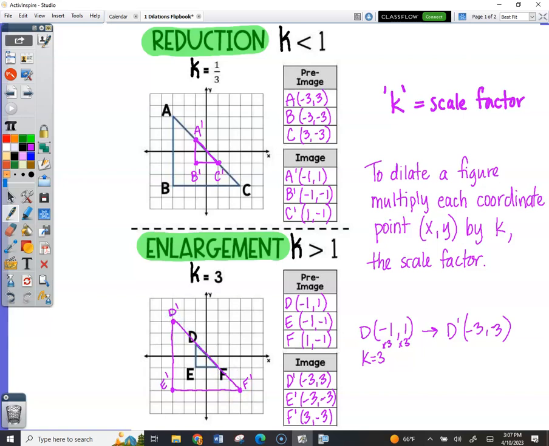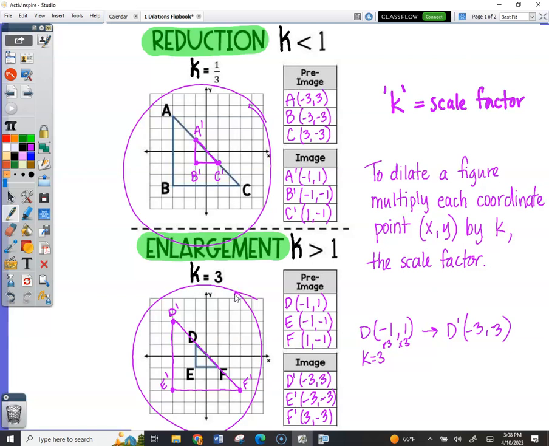You should notice that the two examples on the front of this flip book are the exact opposites of each other. They produce the same image, and that's because I wanted to show you the difference. If I gave you just this picture and asked what occurred here, you would find the letters that don't have apostrophes to notice which one's the pre-image, and then you would say, oh, this was a shrink, this is a reduction. And if I give you this picture, you would find the letters with no apostrophes and notice that this is an enlargement.